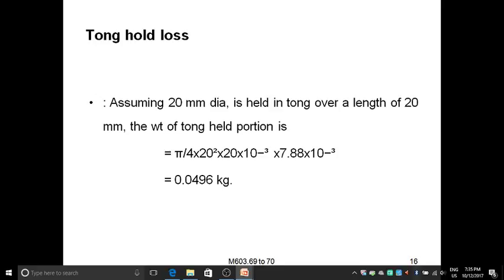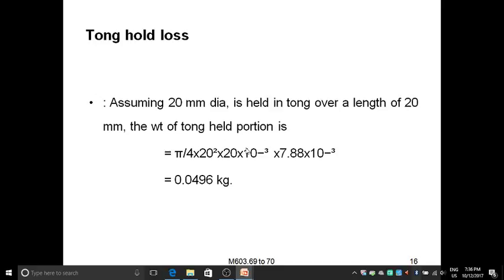We assume that a 20 mm length will be considered to be held with the help of the tongue, with the same diameter, but in this case the diameter of the object is 20 mm. So for a length of 20 mm is held.